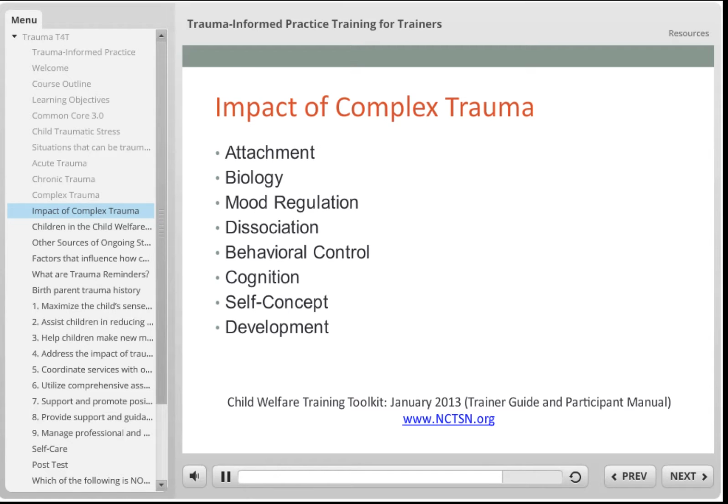Some exhibit learning difficulties and problems with language development. Self-concept. Trauma-affected children frequently suffer from disturbed body image, low self-esteem, shame, and guilt. Development. Trauma can disrupt developmental processes and interfere with the mastery of age-appropriate tasks and skills.